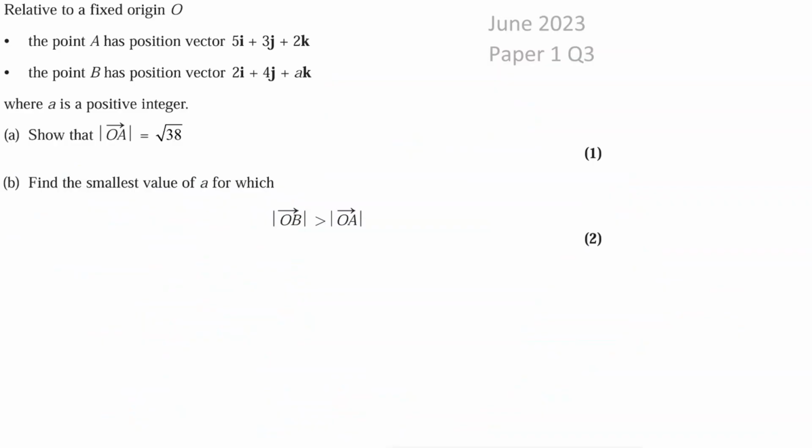Okay, so let's start doing some exam questions, and we'll start with this one here, where we're told that a point A has a position vector 5i plus 3j plus 2k, and we're told that a point B has position vector 2i plus 4j plus ak, where a is a positive integer. For part A, we need to firstly show that the magnitude of OA, the position vector of A, is root 38.